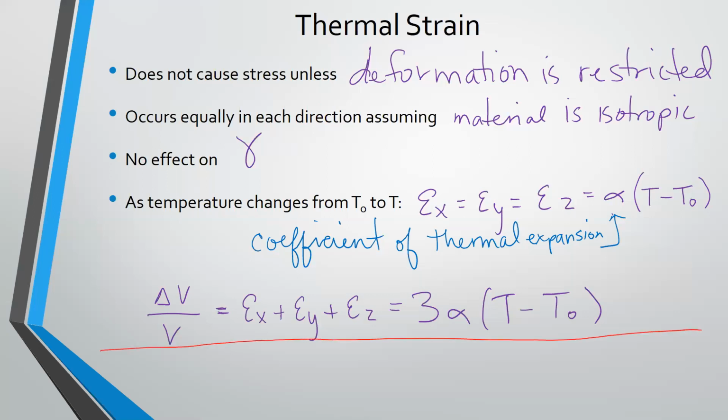So for example, if you have a strain component calculated by 1 over E times sigma x minus the Poisson ratio over E times sigma y plus sigma z, you then add to it alpha times T minus T naught. Those two superimpose: the effect of your stresses and the effect of your temperature change.